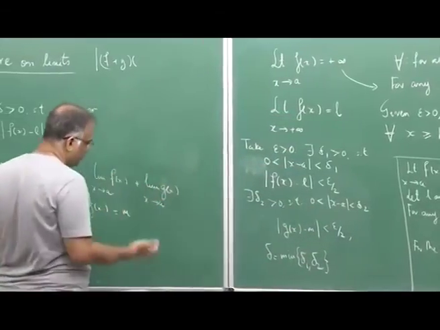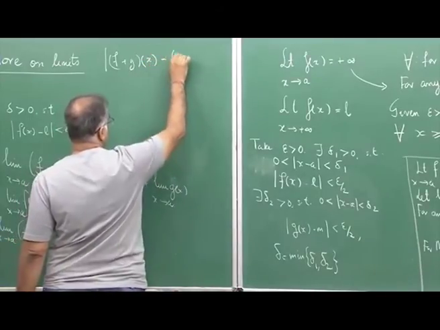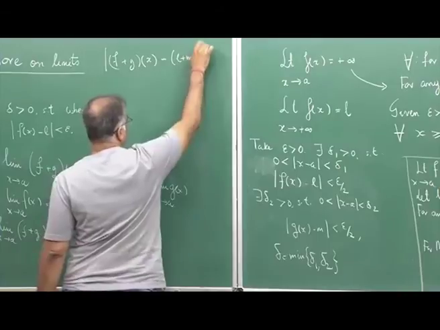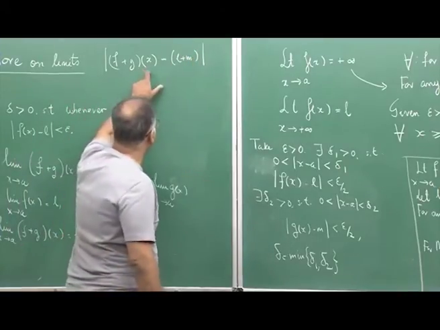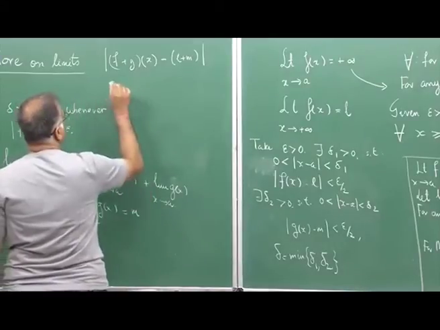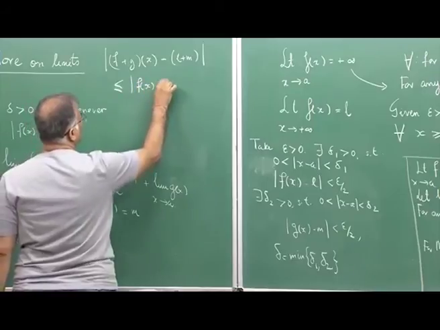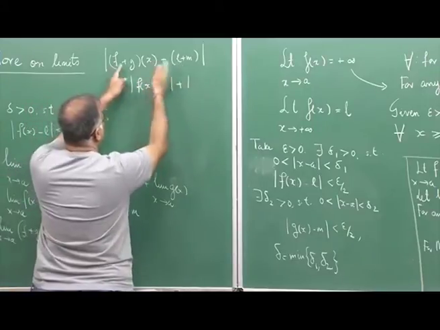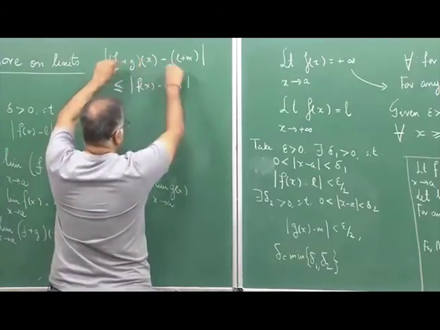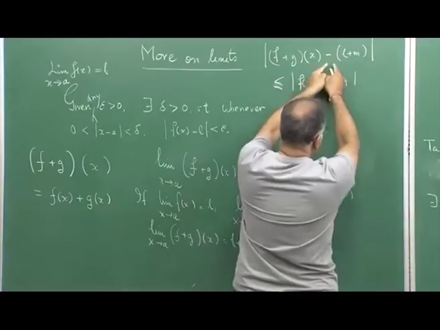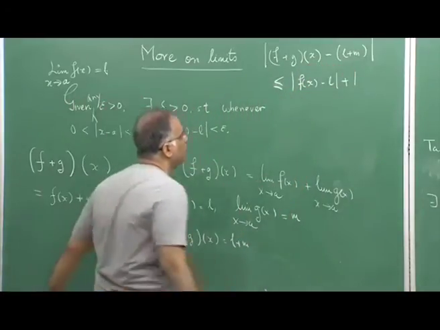So for all such x's, let us see what happens. So given the epsilon, is this delta the corresponding delta for this? So you use this definition of f(x) plus g(x), and then make f(x) minus L plus g(x) minus m, and then use mod of a plus b is less than or equal to mod a plus mod b.